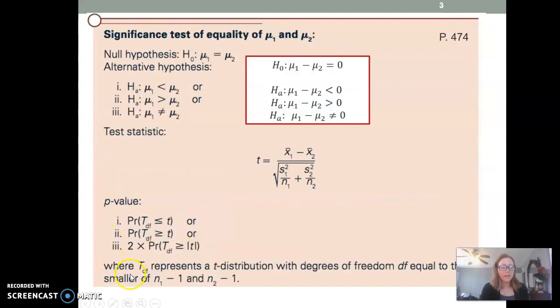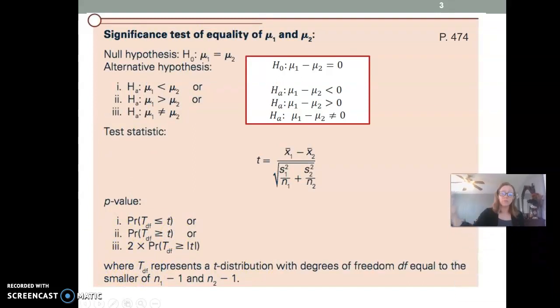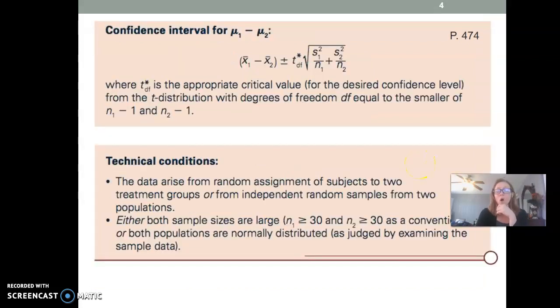Okay, and that capital T df represents the t distribution with degrees of freedom equal to the smaller of either n1 or n2 minus 1. Okay, so all of that is dealt with in the background when we're using technology to compute these tests.